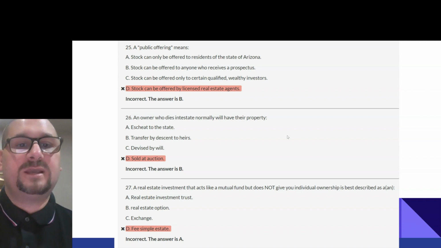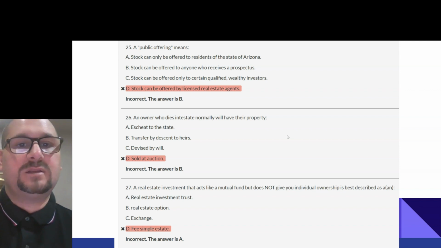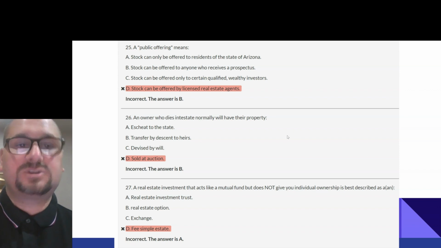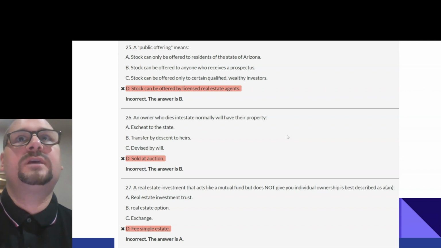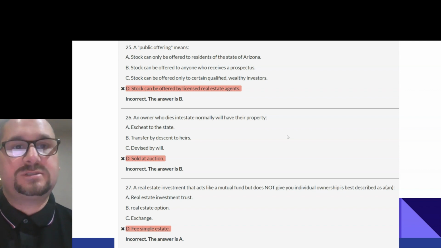So if you don't have a will and you die, what happens? Your property goes typically to your heirs.